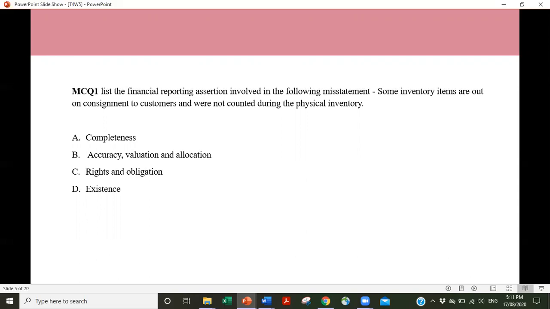So if we're talking about the inventory items being on consignment and not counted, what we're talking about there is completeness, because we're talking about whether or not it's recorded correctly, which is on page 141, 1B. It's about the accuracy, valuation and allocation, because inventory is actually an asset.